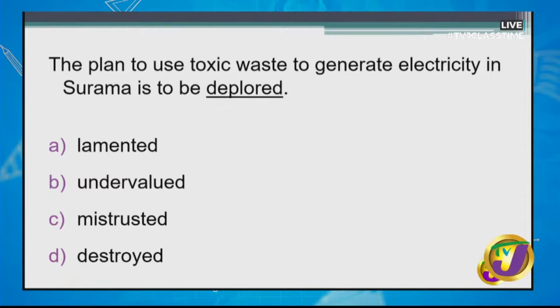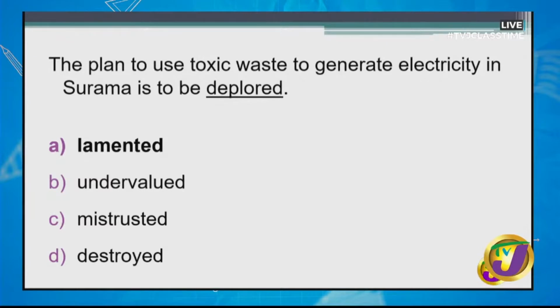And because it is deplored, it is also lamented. So the plan is lamented because think about the situation you're given. Toxic waste is not something good. So you're going to deplore the plan, you're going to lament the plan. It's something bad. So it's something that you are going to have negative feelings towards.